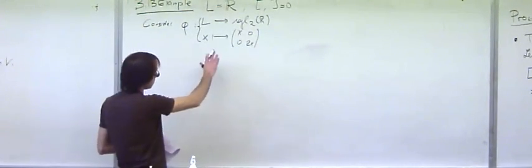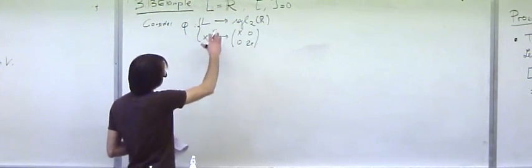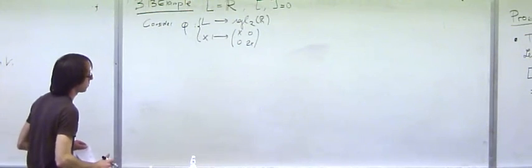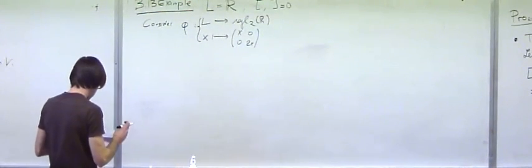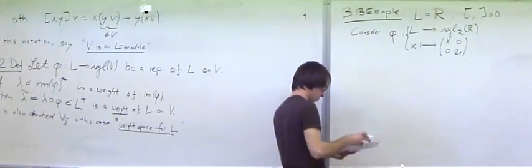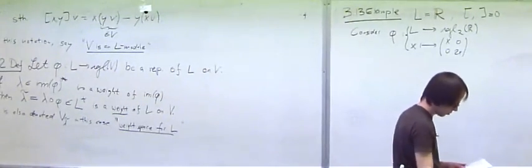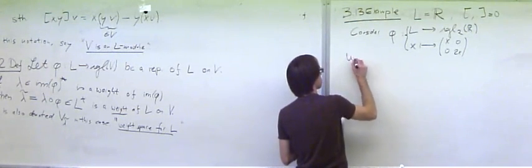So one sees, as diagonal matrices commute, this is actually a representation of this Lie algebra. And let's compute the weights.